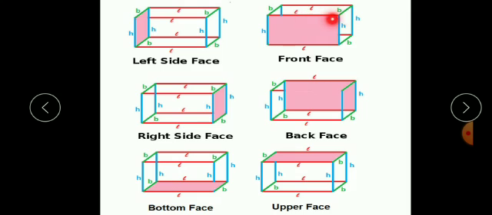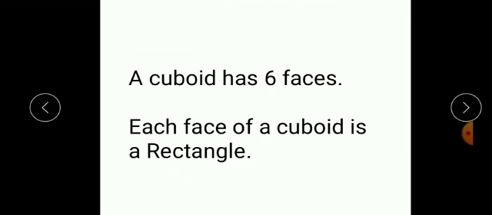See this face. What is the shape of this face? This face is rectangular in shape. Now see this face. The shape of this is again a rectangle. In this way, all the faces of a cuboid are rectangular. So each face of a cuboid is a rectangle.